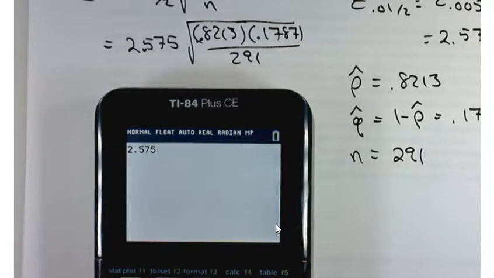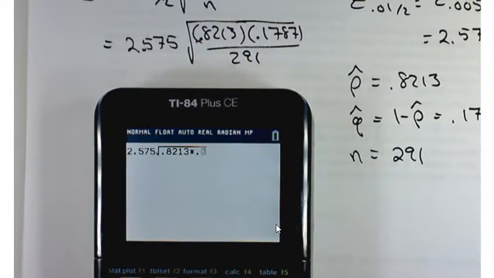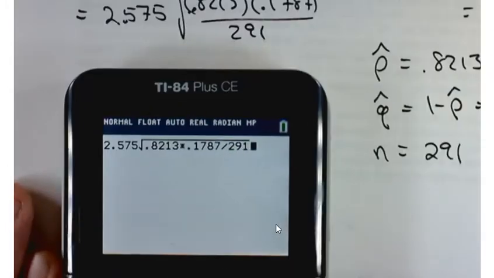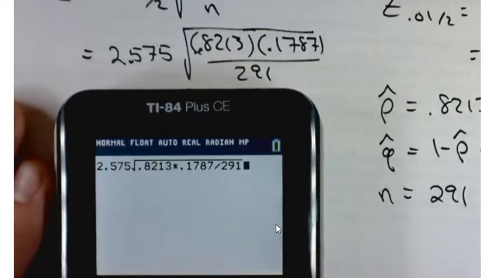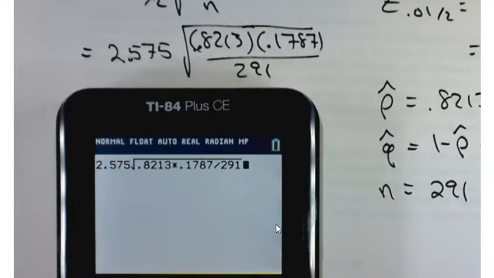2.575 times the square root of 0.8213 times 0.1787 divided by 291. Now I'm going to do myself a little favor. This is going to be my error term.